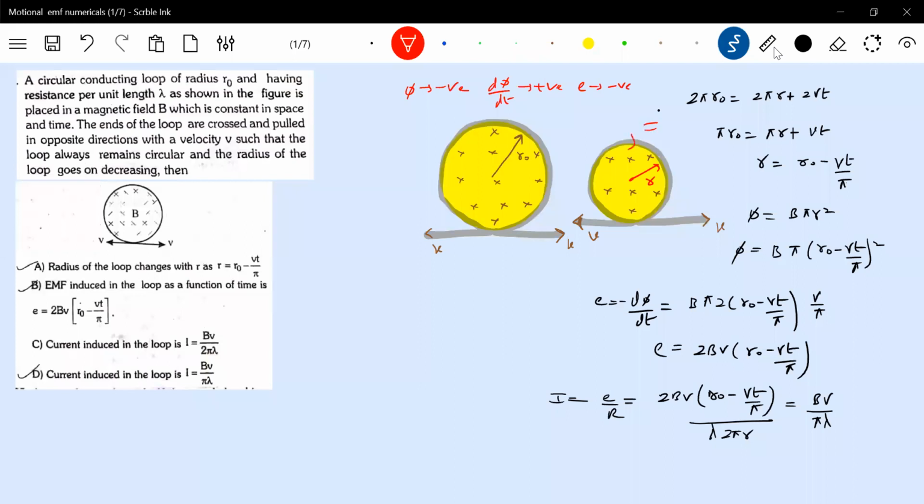The induced current has to be clockwise. So please do expect questions of this kind. You check the advanced paper, they have asked some tricky questions of this type. You have to be ready for some sort of logical thinking here.